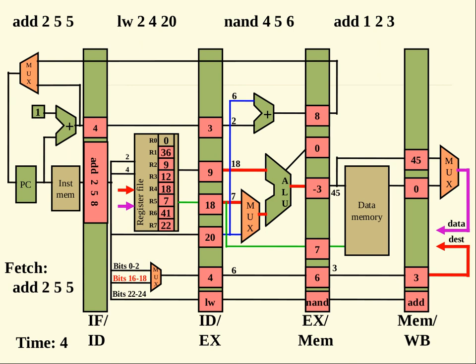How could you fix the data hazard? We'll go back to the data hazard example. Let's say the NAND is using the 3, so it says 3, 4, 6. How could the NAND use the 3 right here? Where is that 3 stored at this moment? It's in one of those pipeline registers, over here.